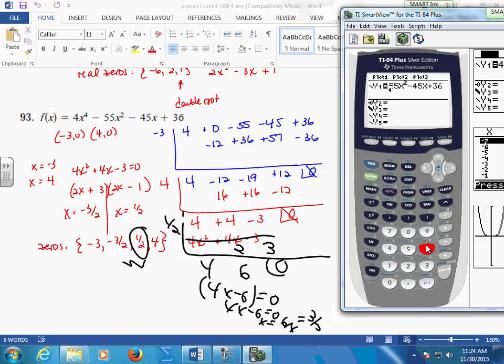Now, this graph is going to look a little strange, right? Let me just do a zoom 6 and start again on it. I have 4 roots, 3 terms, 2 inflection points. So I know it's turning around, I know it's coming back. I don't care about anything else but what's happening right here at my x-axis.